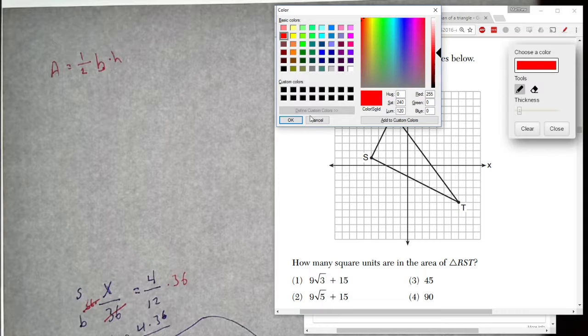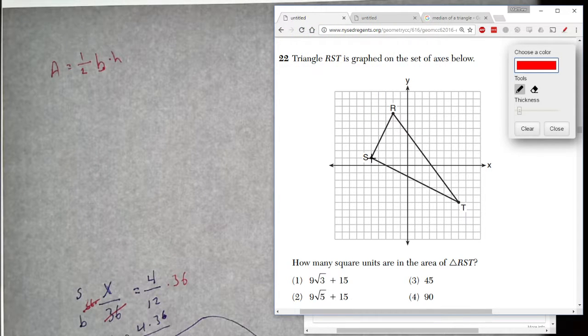So let's see. I'll stick with red for this. The slope on this is 1, 2, 3, 4, 5, 6 up, 1, 2, 3 over. So this is a rise of 6, a run of 3. My slope is 6 over 3, or I can say, 2.